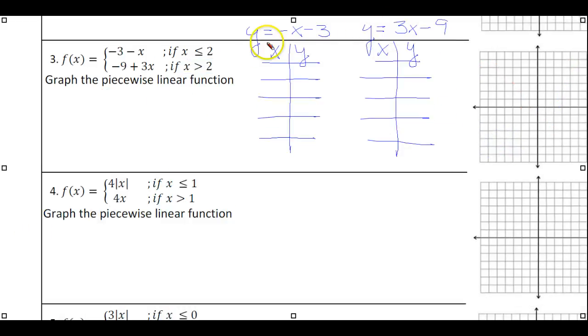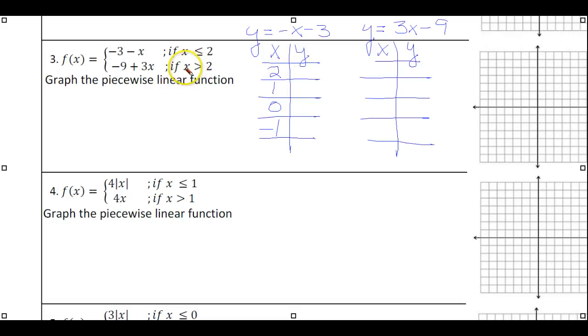And to save time, I've set it up here. Now let's look at our restrictions. For this first equation, x is less than or equal to 2. So 2 is included, and then 1, 0, negative 1. Again, we don't need that many points, but it's good to have for sure.